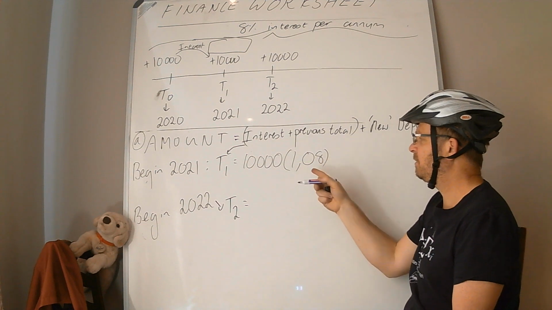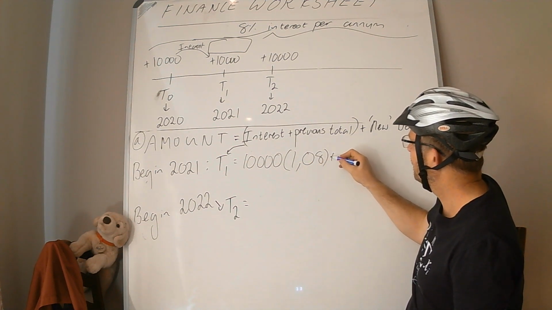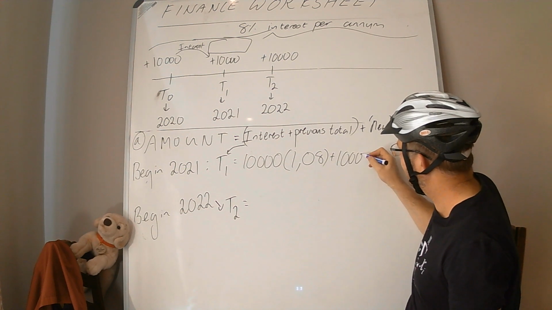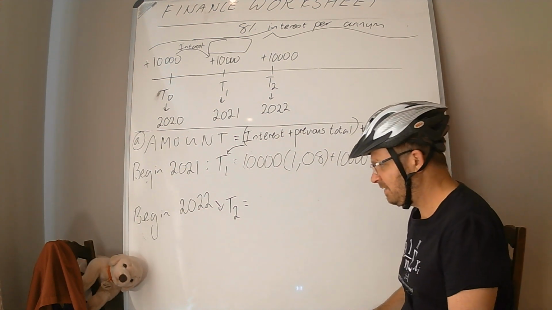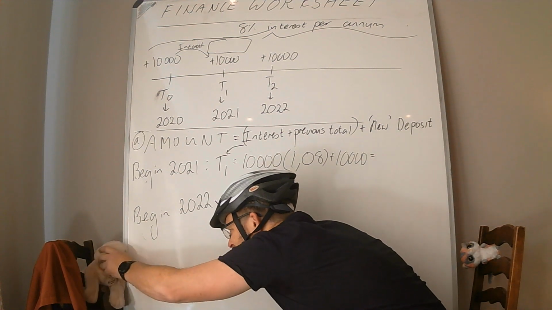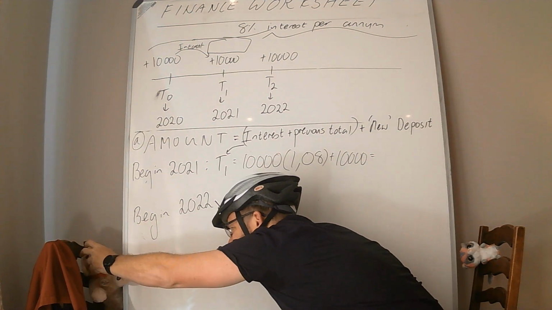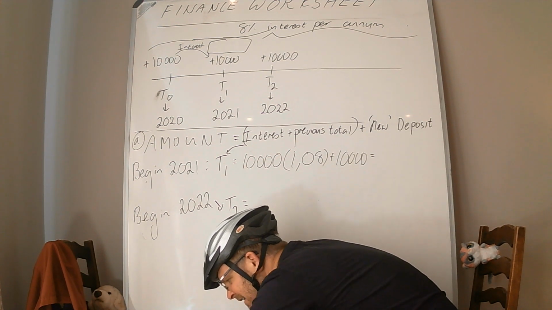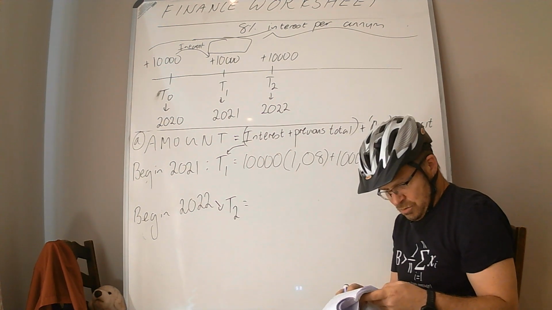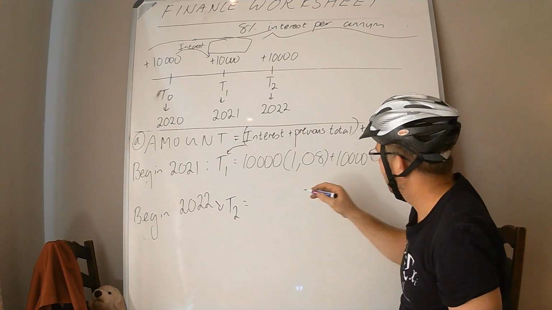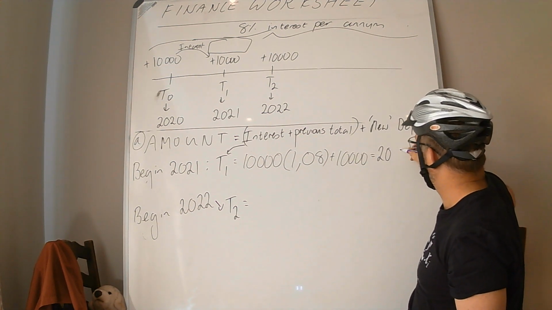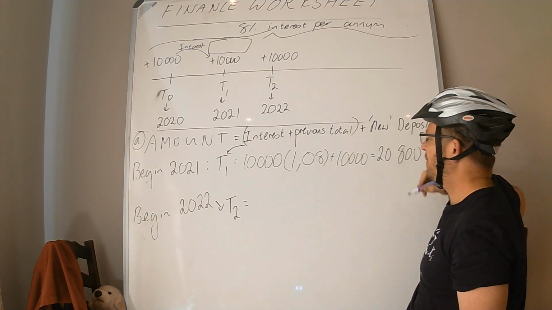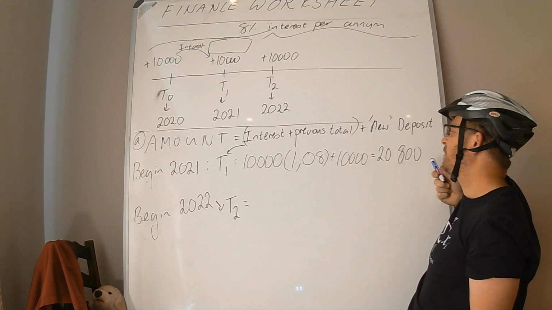That's your interest plus your previous total, plus your new deposit, which stays fixed, which is 10,000 Rand. And if you go shove that into your calculator, you're going to end up with 20,800 Rand.